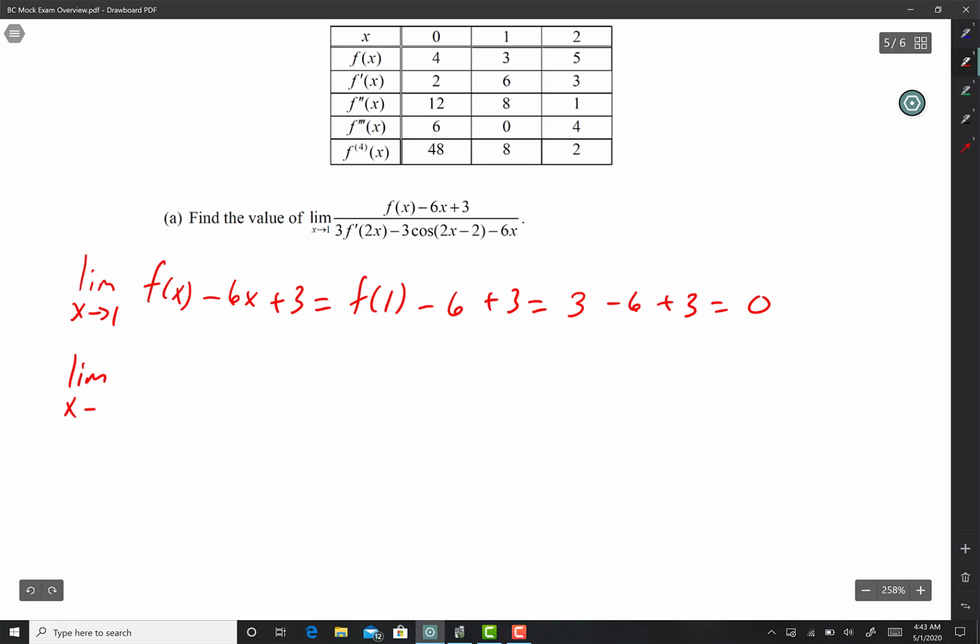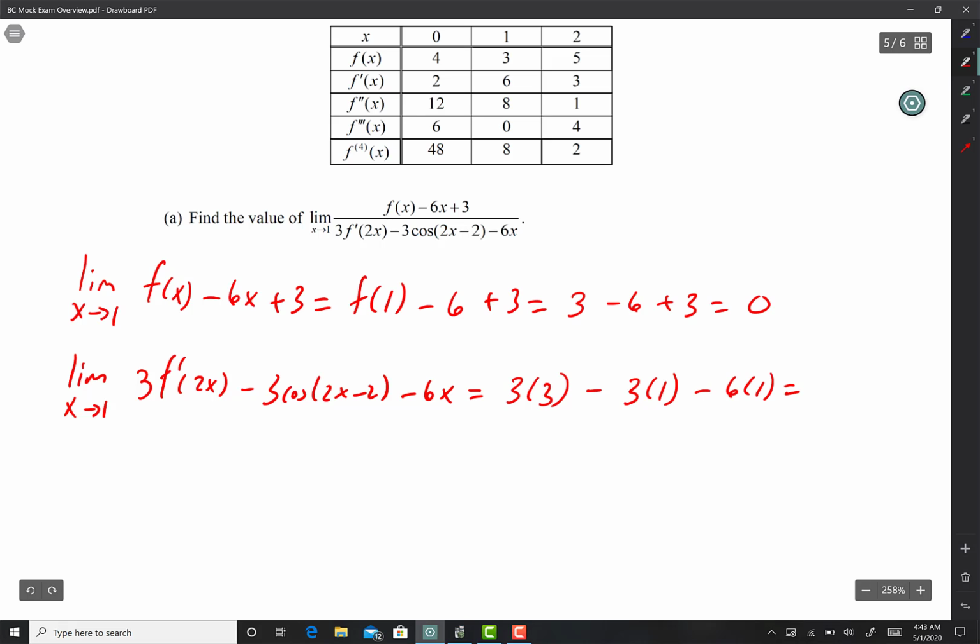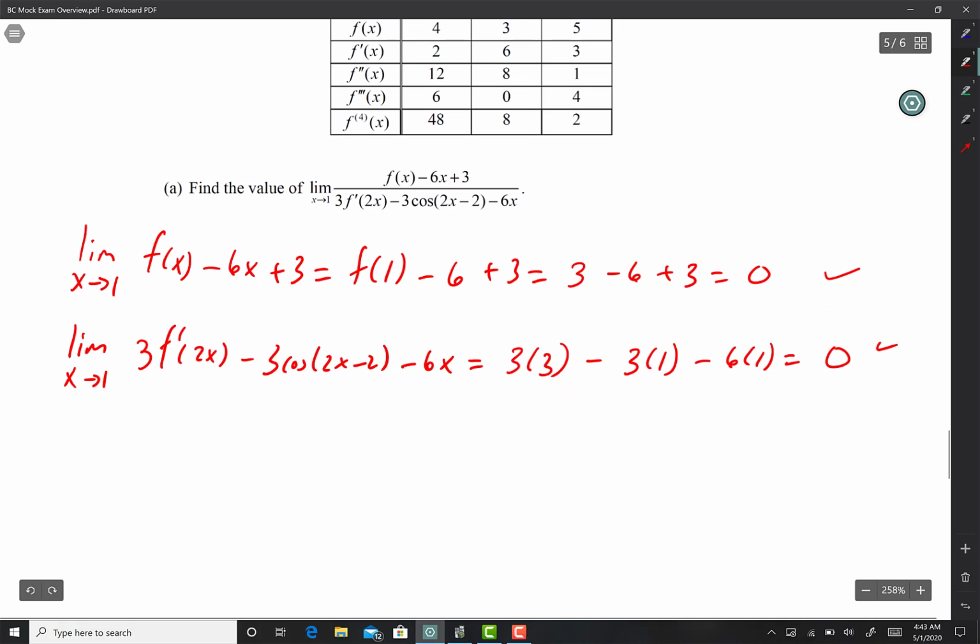Limit as x approaches 1 of 3f prime of 2x minus 3 cosine 2x minus 2 minus 6x equals, so 3 times 3 minus 3 times 1 minus 6 times 1, which equals 3 times 3 is 9, minus 3 is 6, minus 6 is 0. So I can use L'Hopital's rule.